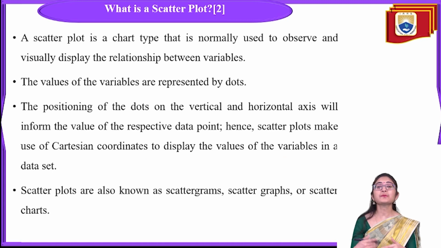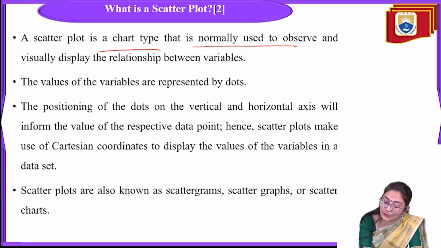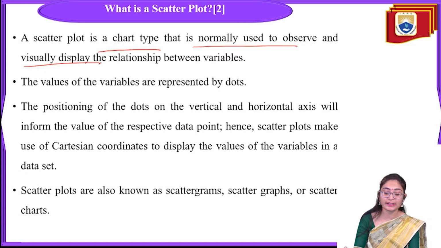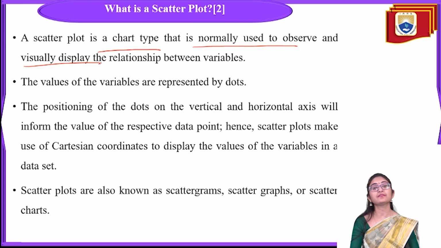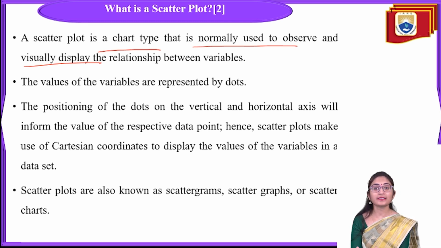Now, what is meant by scatter plot? The scatter plot is a chart type that is normally used to observe and visually display the relationship between variables. By using the scatter plot, you can observe your data and display the relationship between the variables.